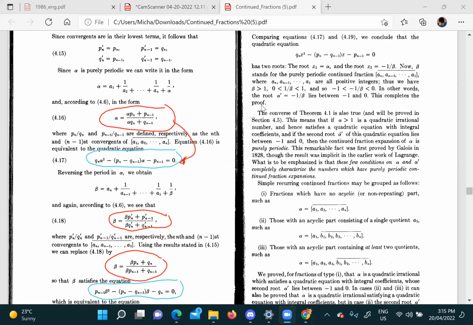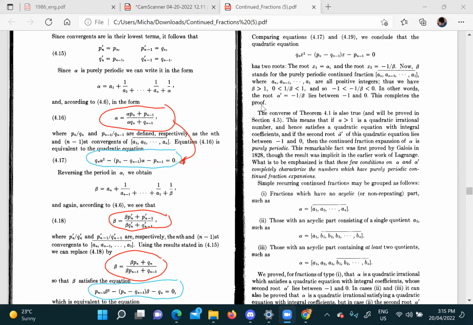Why are the Pn's in the betas the same as the alpha? It's because of that lemma, an exercise that showed that if you reverse the continued fraction, you get Pn on Pn minus 1. You remember that? So basically Pn on Pn minus 1 is equal to Pn prime on Qn prime.